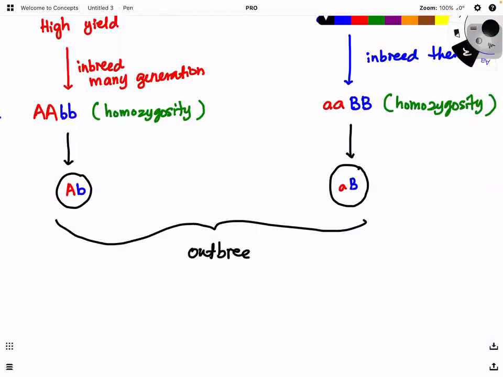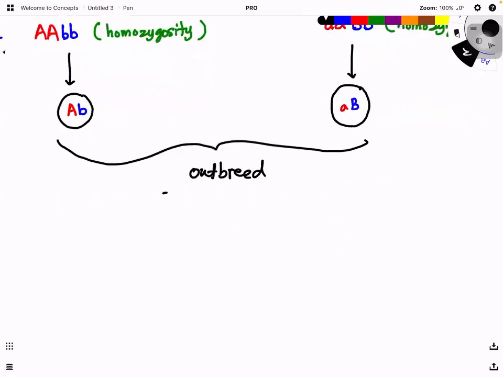But this outbreeding is not random. We purposely select 2 different characteristics and outbreed them. Are you clear? So this outbreeding is also named intra-species hybridization.